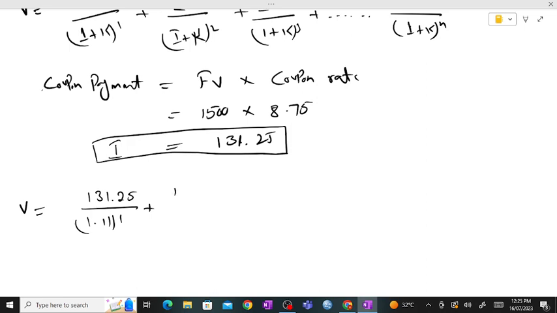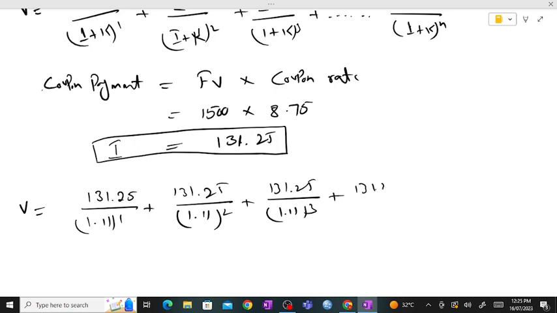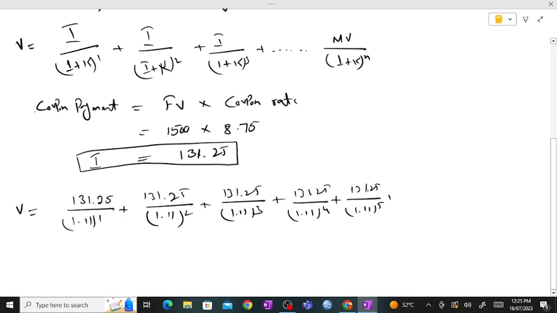So 131.25 over 1.11 power 2, then 131.25 over 1.11 power 3, 131.25 over 1.11 power 4, 131.25 over 1.11 power 5, 131.25 over 1.11 power 6.